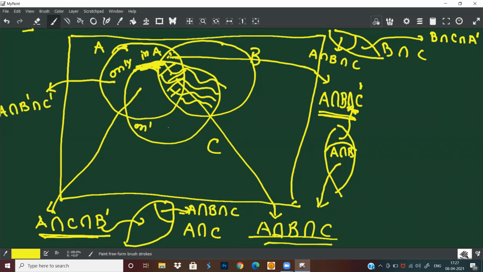Only in C. मतलब it is there in C and not in A and not in B. कोई भी order में लिखो. And what is this part? ये only in B. You're there in B and not in A and not in C.